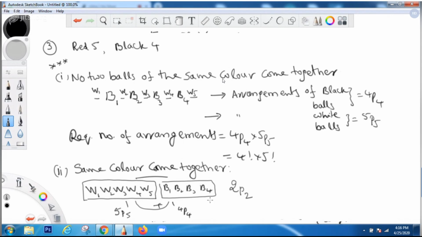These three must be multiplied. Therefore, number of arrangements is equal to 5P5 into 4P4 into 2P2, which is 5 factorial into 4 factorial into 2 factorial. This is the answer. Note it down.